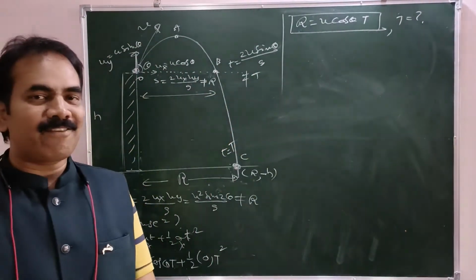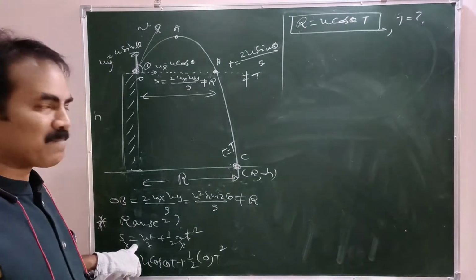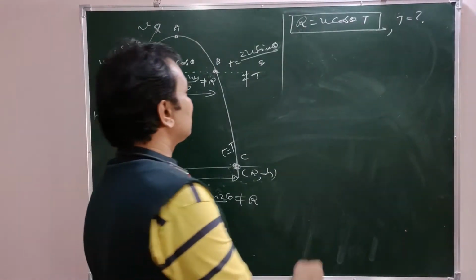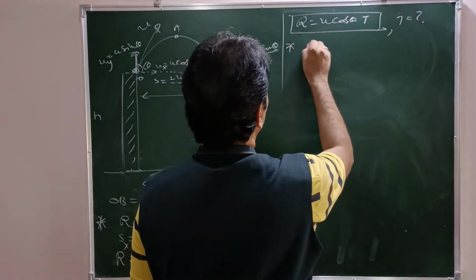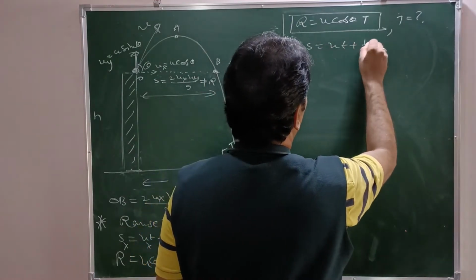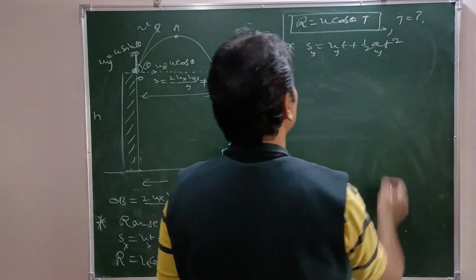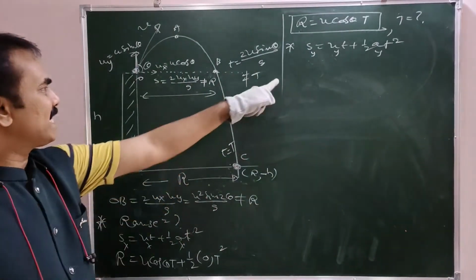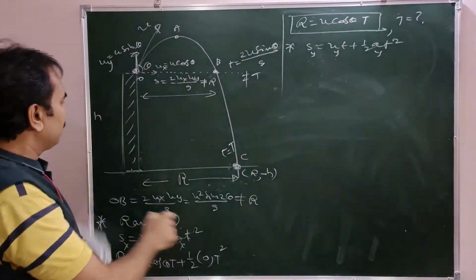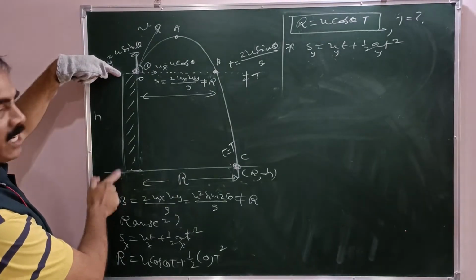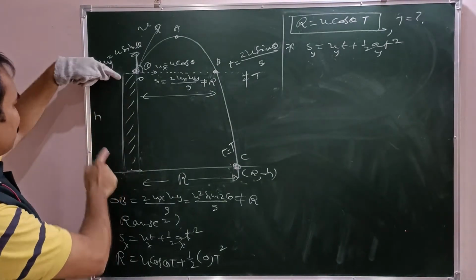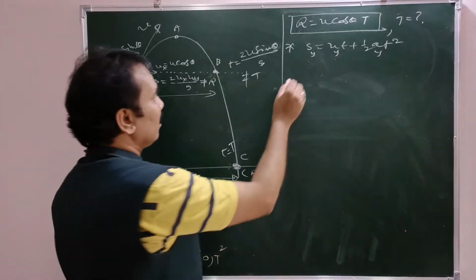How to find time of flight? You take the same expression along the y-axis. We know that S equal to ut plus half at square. Now what is Sy in the entire flight? This is the vertical displacement covered from this position to this position, that is minus h.